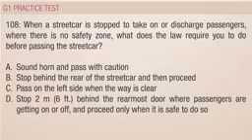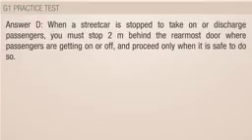D. Stop 2 meters, 6 feet, behind the rearmost door where passengers are getting on or off, and proceed only when it is safe to do so. Answer D. When a streetcar is stopped to take on or discharge passengers, you must stop 2 meters behind the rearmost door where passengers are getting on or off, and proceed only when it is safe to do so.